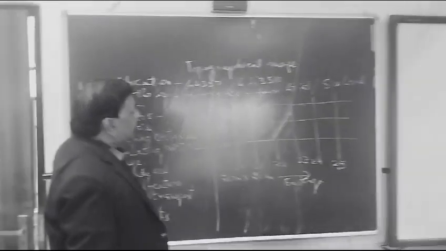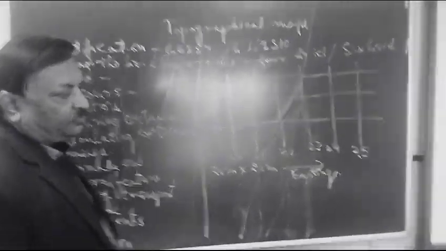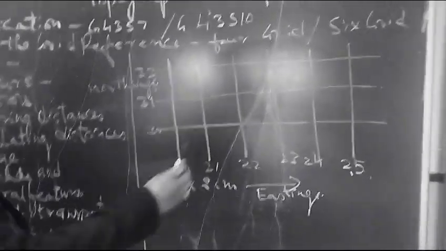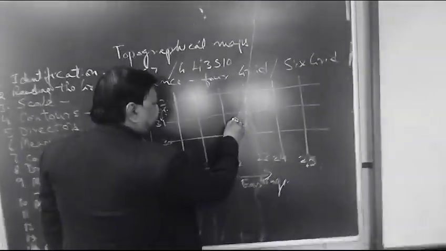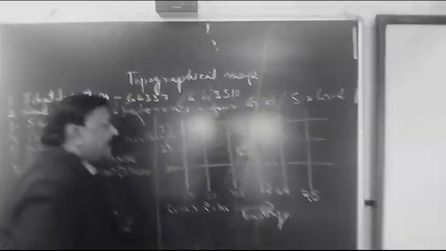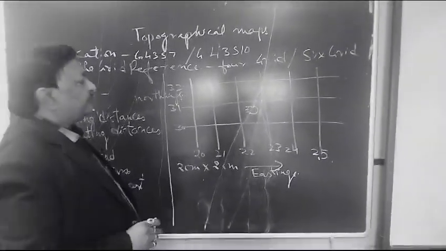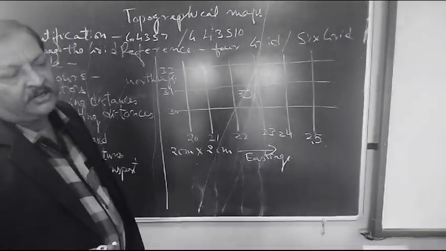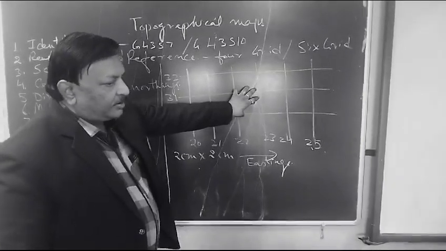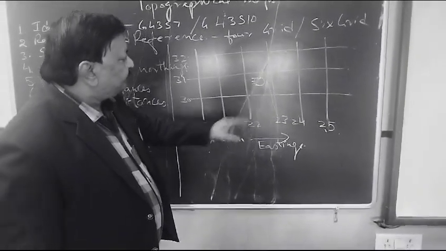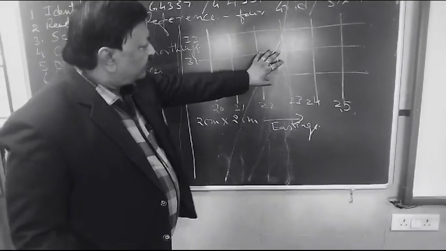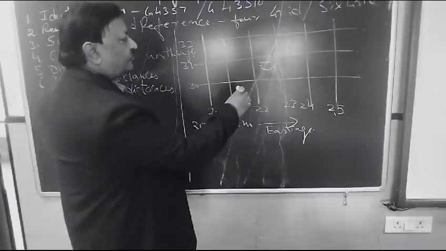So now let's see what is the foreground. Now I'm going to tell you how to mark the foreground of any object. Suppose this is a pond with an embankment, and it is asked what is the foreground of this pond? Now just see this square. Firstly see the easting of it, see the left side bottom of this square, and mark a cross over there.